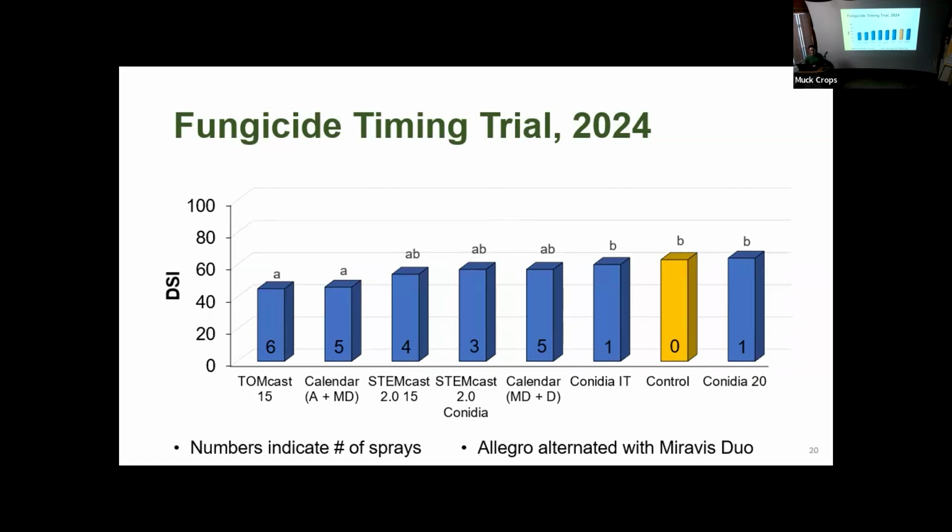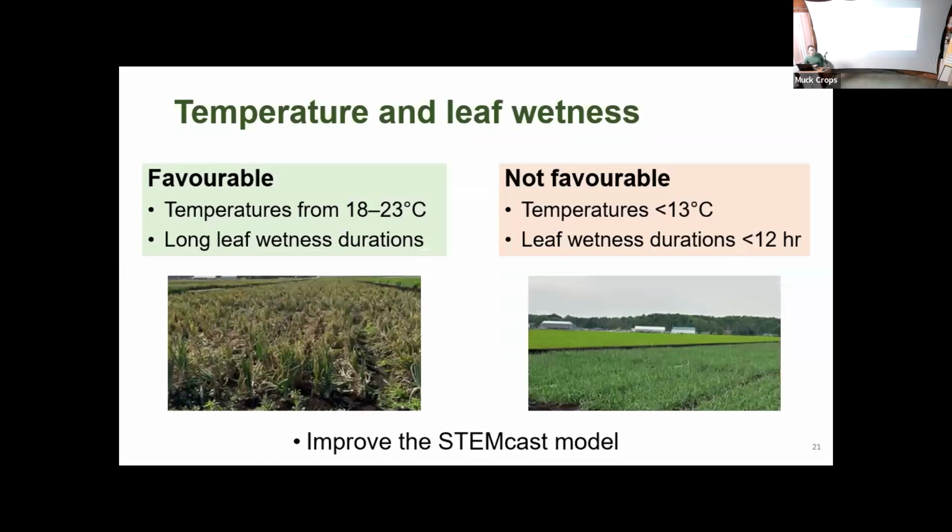We see that Tomcast and the calendar spray with Allegro and Miravis Duo did suppress Stemphylium, but unfortunately the Tomcast model did not really reduce our number of fungicide applications. And our StemCast model didn't reduce disease severity compared to the control. So obviously this model still needs a little bit of work, which leads me into the next slide.